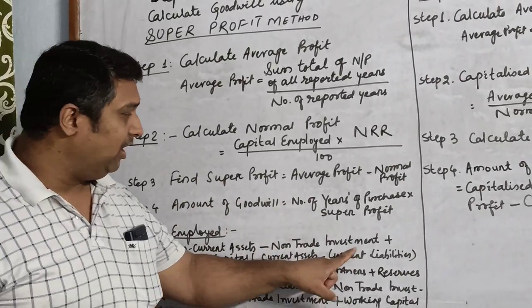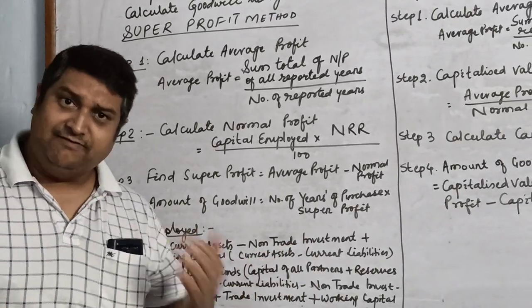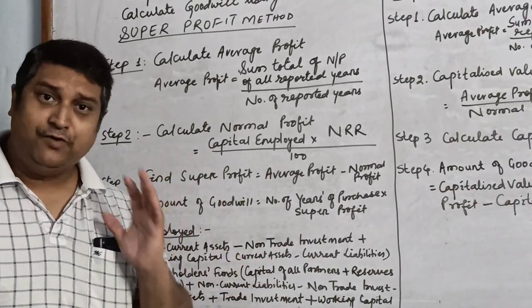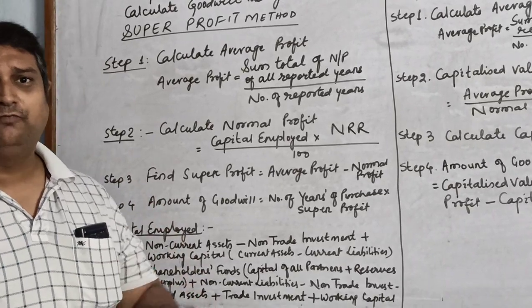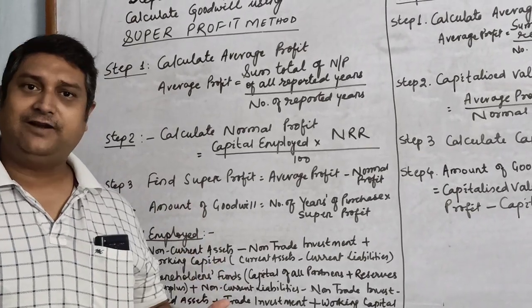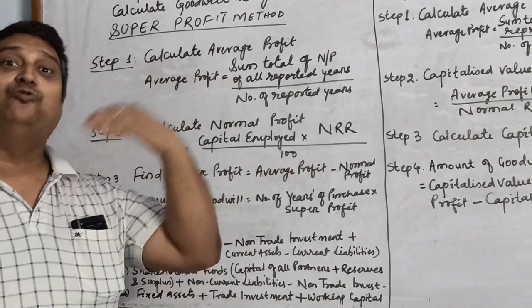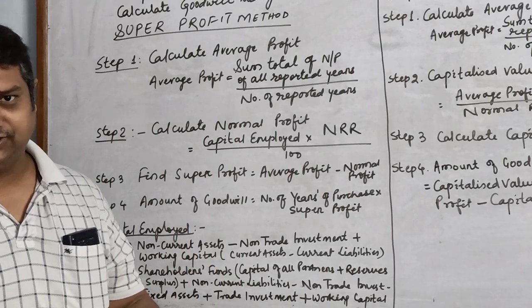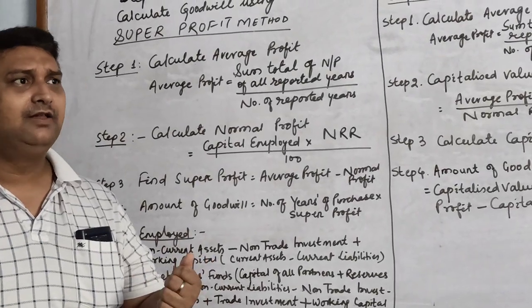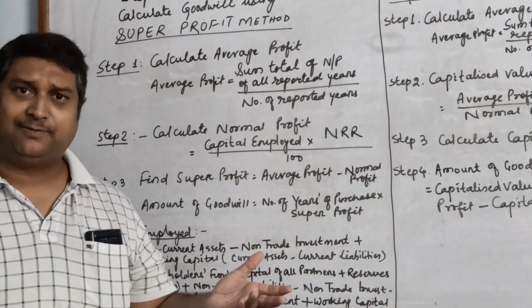You have to pay a lot of attention to the non-trade investment. Investment, if not instructed in the question, will be considered as non-trade investment. What is a non-trade investment? A non-trade investment is an investment which has been made outside the business organization. For example, you have bought the shares or the debentures of some other company.